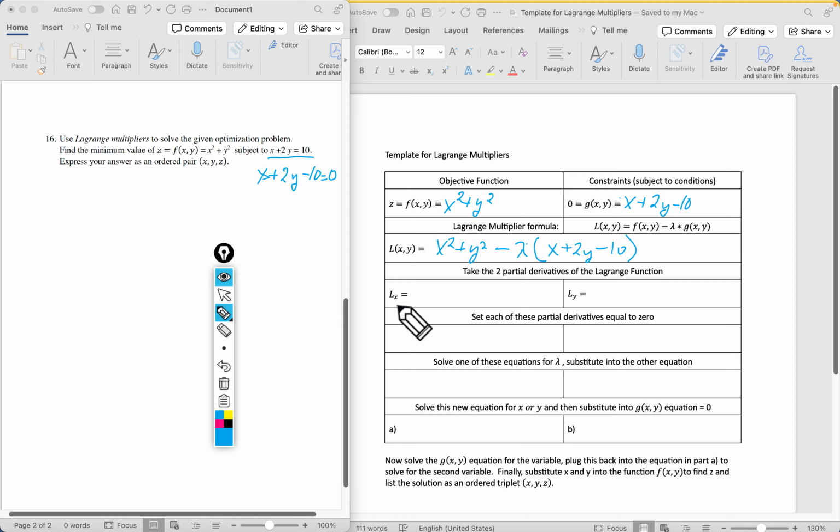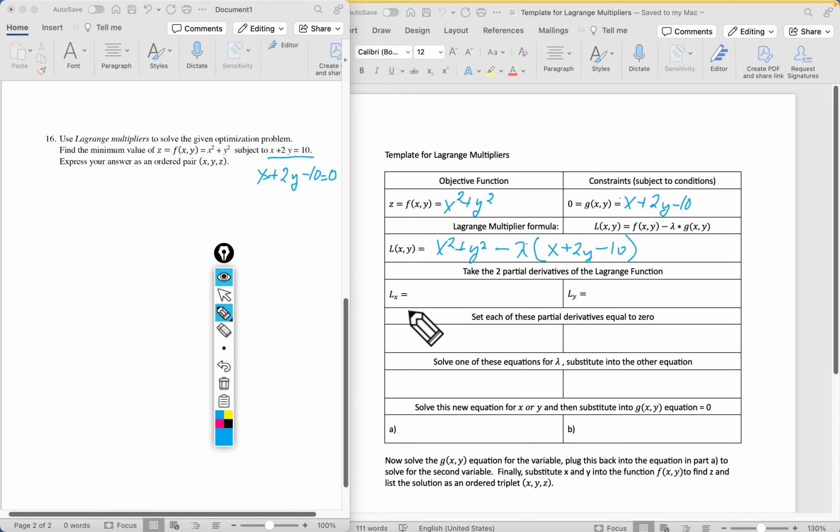We're going to take the partials with respect to x and y. All we've done with the Lagrange method is set it up this way, and now the rest is the same. We're going to treat the Lagrange function as our function, take the partials, and set them equal to 0.